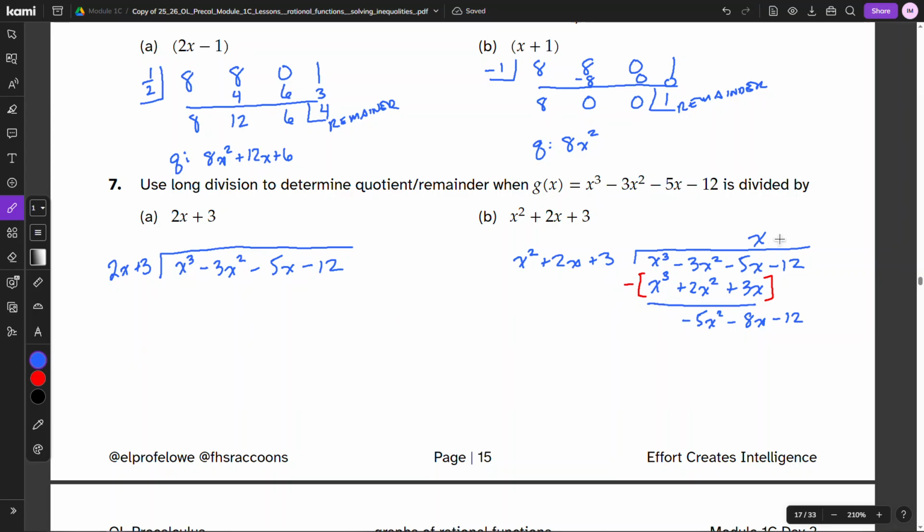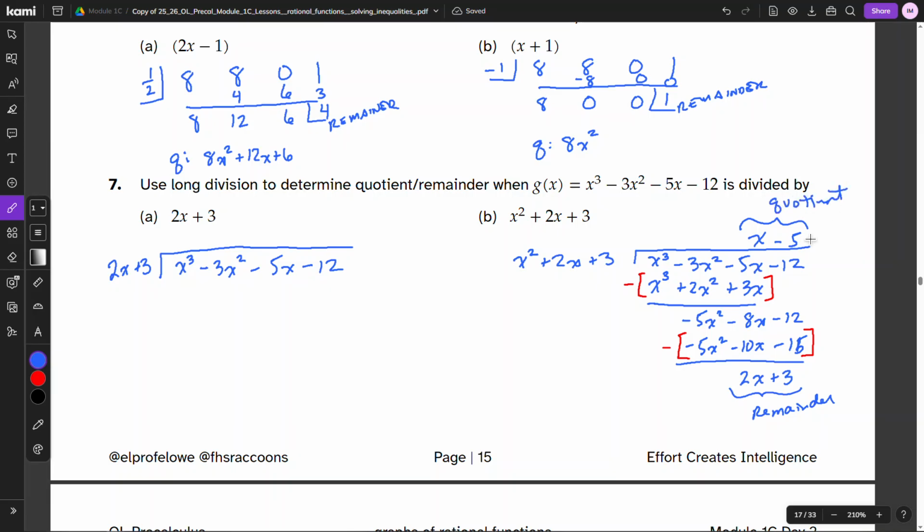All right, x squared, that'll be a -5 for this, so multiply -5x squared, -10x, -15. Subtract. All right, that should get me 0, -8, so this will be a positive 2x, -12, so this will be a positive 3. All right, so this is the remainder.